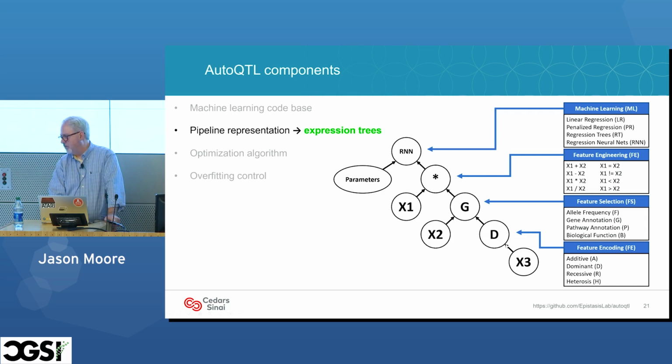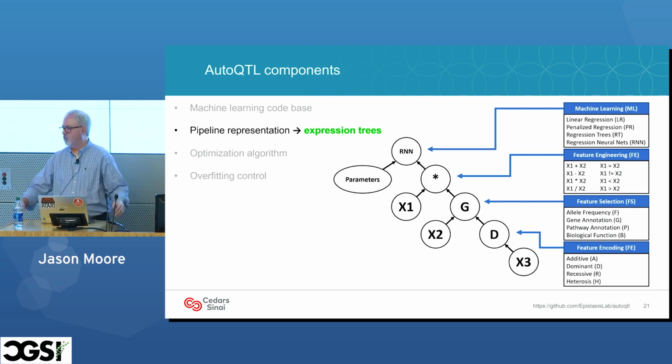And then at the lowest level, this is the beginning of the pipeline here, SNP3 is receiving a dominant encoding. And then between x2 and dominant x3, they're being selected based on gene annotation, multiplied times x1. That gets fed into the neural network, which then is predicting the values of the quantitative trait that you're interested in.